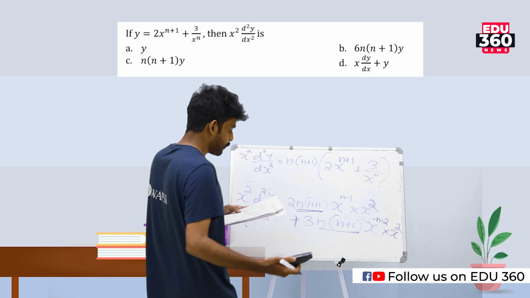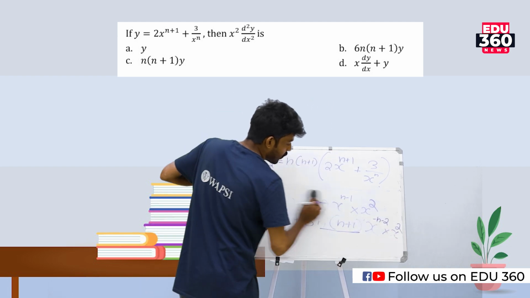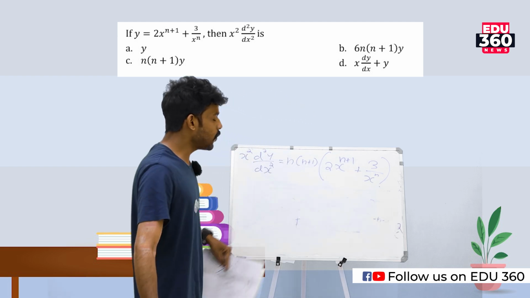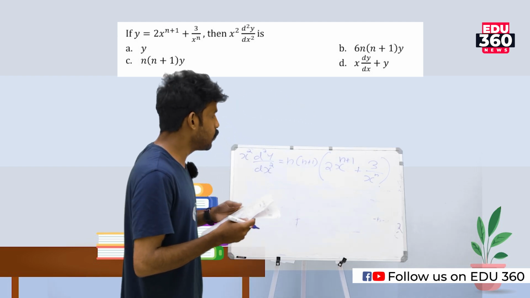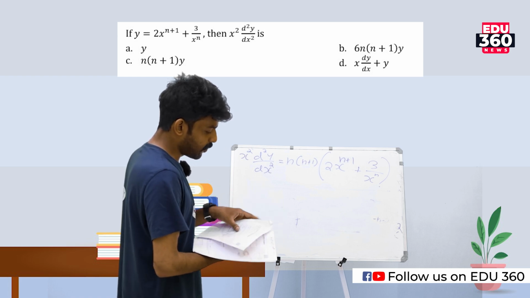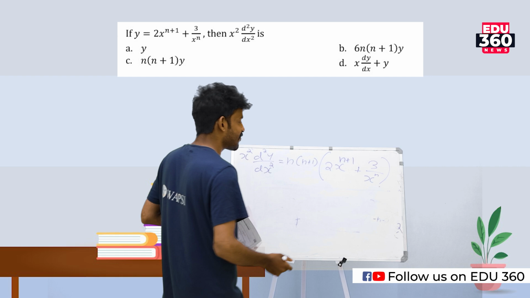Again, just look at the question. We can see 2x raised to n plus 1 plus 3 by x raised to n.